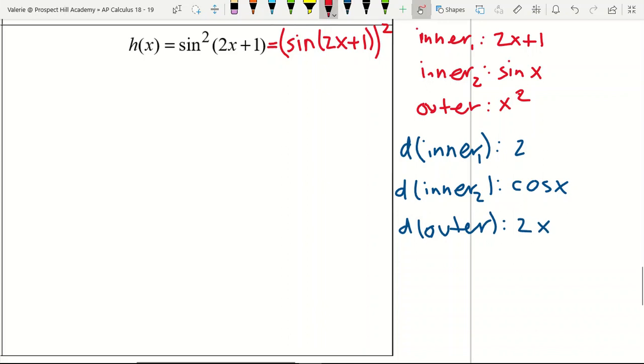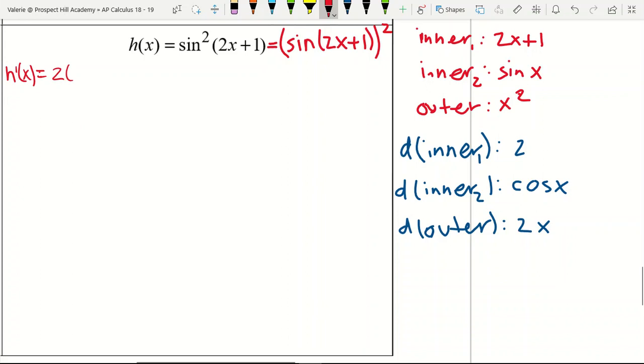So now, to find h prime of x, we need to take the derivative of our outer function, right, which is 2x.